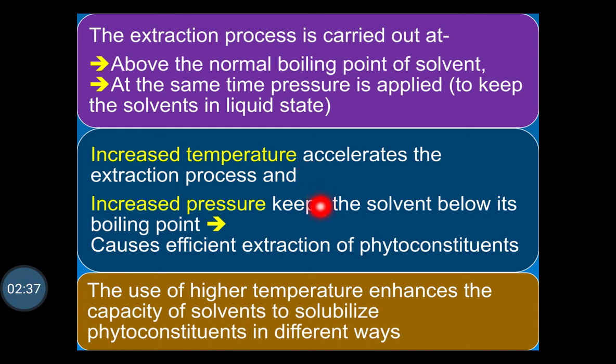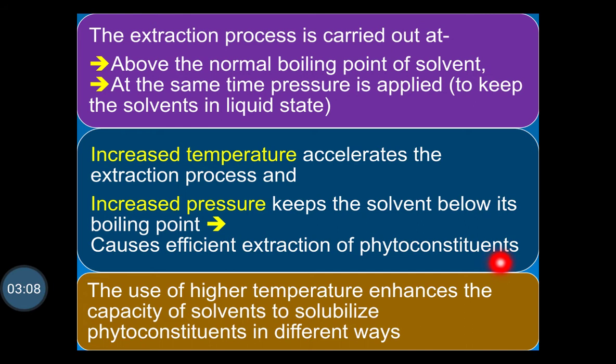Increased pressure keeps the solvent in the liquid state below its boiling point, causing efficient extraction of the phytoconstituents. So by the application of the higher temperature and by using the increased pressure, one can extract the phytoconstituents which are present in the crude drug.